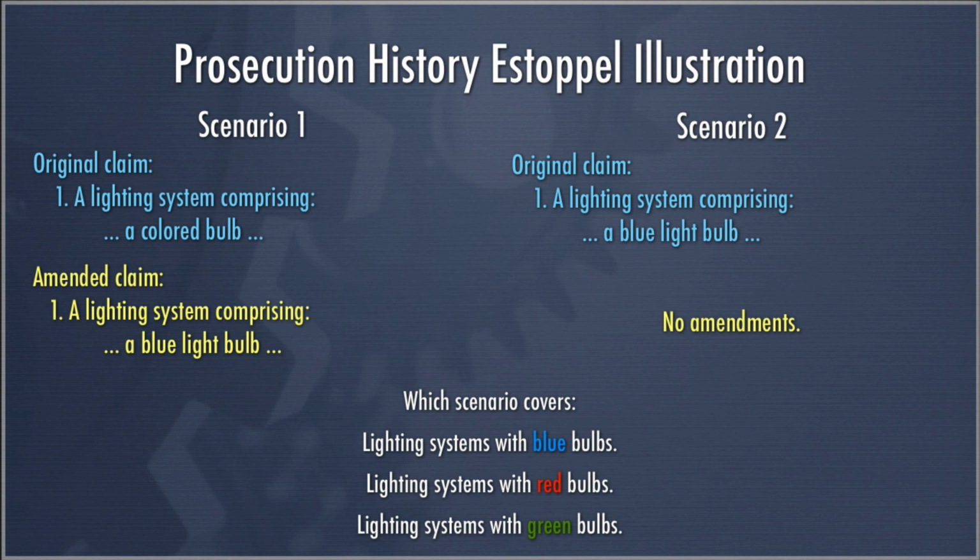It might be that the patent office doesn't get it right and allows a claim like the original Claim 1, in which case it imposes significant costs on the public to have that claim out there, which may well be invalid, but can be difficult to invalidate in the litigation context. So my argument is that what we want patentees to do is more along the lines of scenario 2.